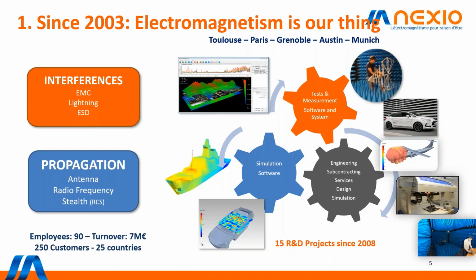We've got around 250 customers in domains such as aerospace, automotive, space, and the electronic industry in 25 countries. We also are the world leader in automation test software with a software called BAT-EMC, and we are one of the biggest European engineering companies focused on EMC fields.